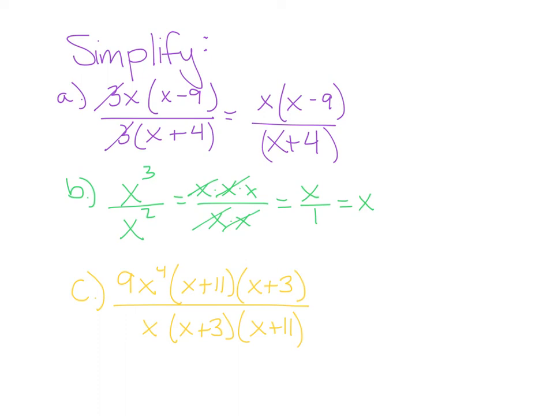Well, x plus 11 over x plus 11, 1 in the numerator, 1 in the denominator, that equals 1, so those can cancel. x plus 3 can cancel. Is there anything else? Yes. This, remember, is x times x times x times x, and this is just 1x, so those can cancel. But we are ultimately left with 9x to the third, and that's it. Nothing else is in the top or bottom.